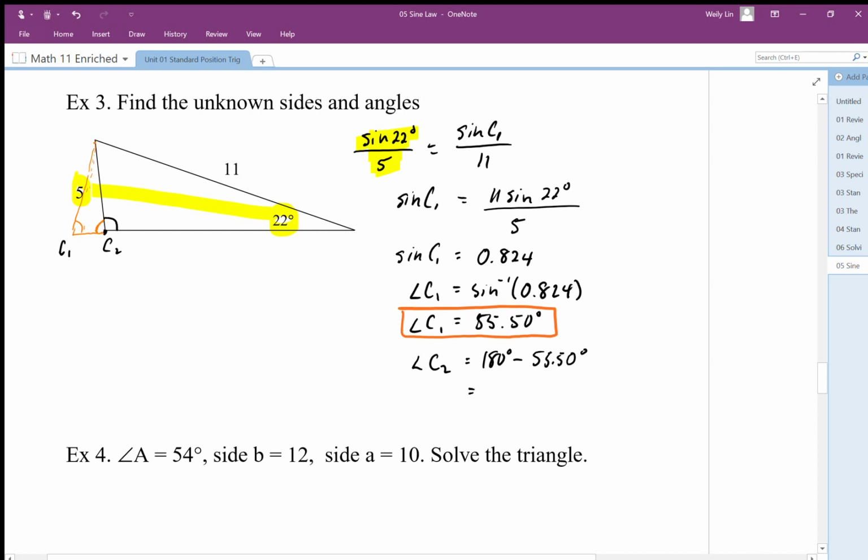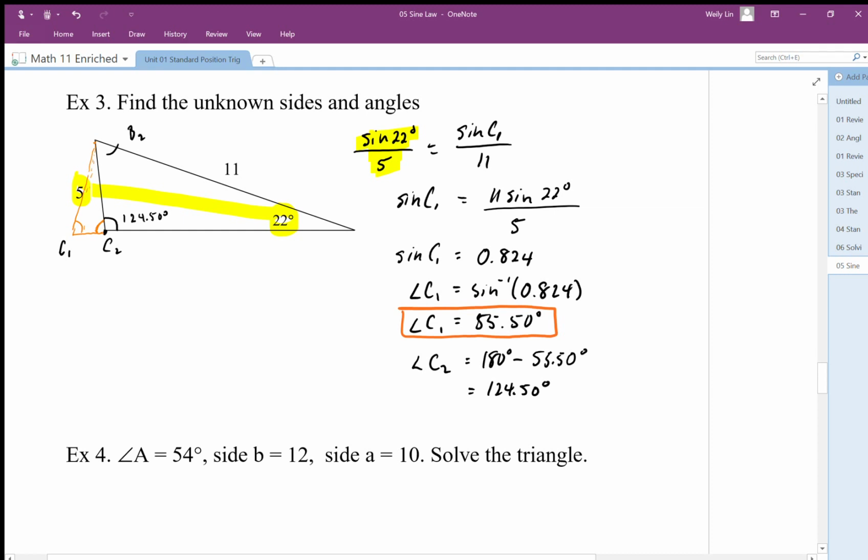So we end up with 180 minus theta 1, which is 124.5 degrees. Although it's not quite drawn accurately, that is our obtuse version, and that is our acute version. So I'm going to write this in as 124.50 degrees.